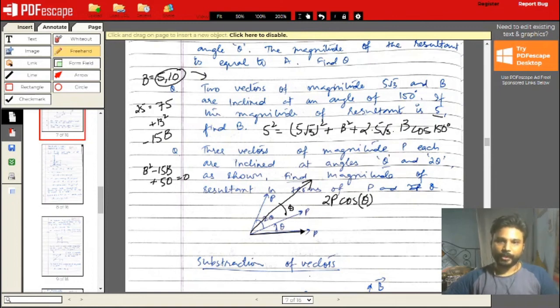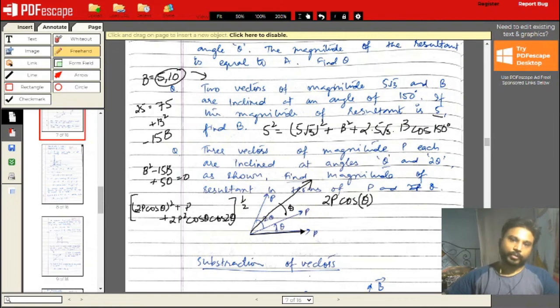So adding again we get 2p cos theta square plus p square plus 2 into 2p cos theta into p into cos 2 theta. So this would become 4p square cos square theta plus p square plus 2p square cos theta cos 2 theta.